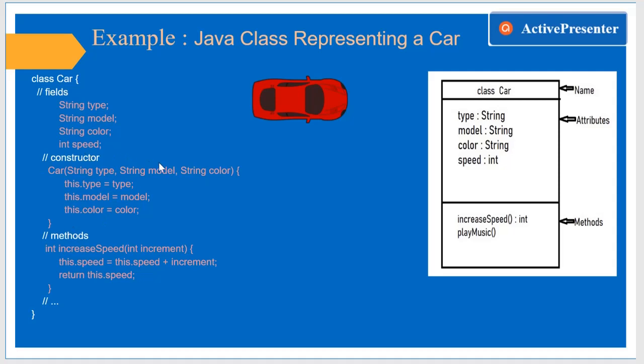This is a parameterized constructor, with parameters, and this.type equals type, this.model equals model, this.color equals color. Then the methods: int increaseSpeed, which returns a value, takes an int increment parameter, and sets this.speed to this.speed plus increment. So here we converted the class diagram into code.